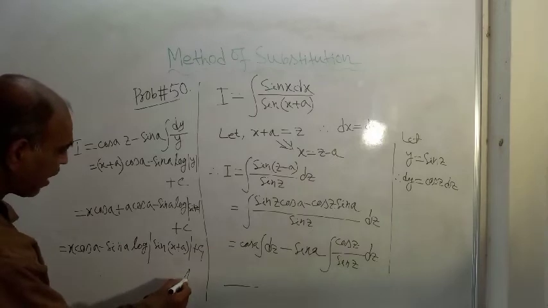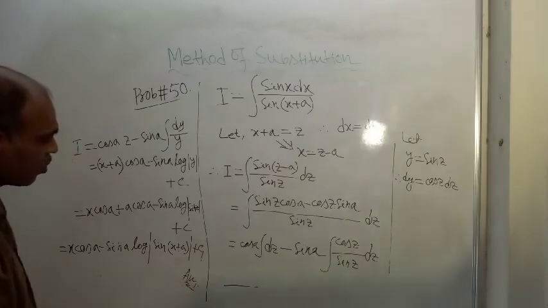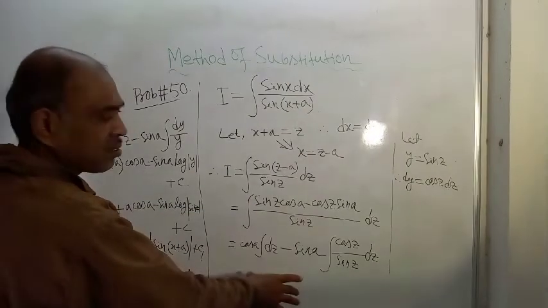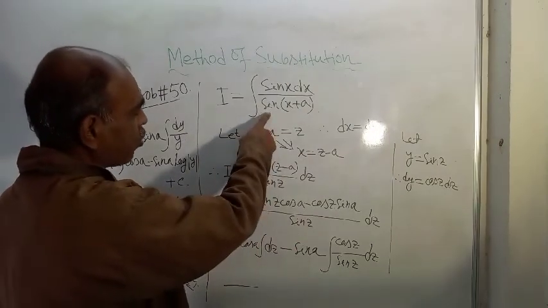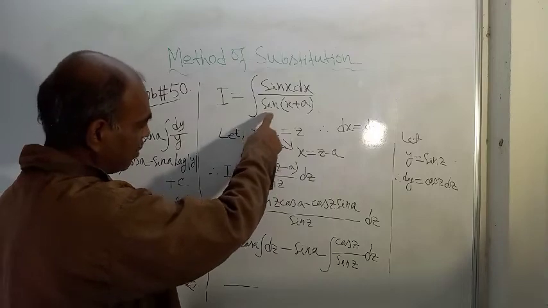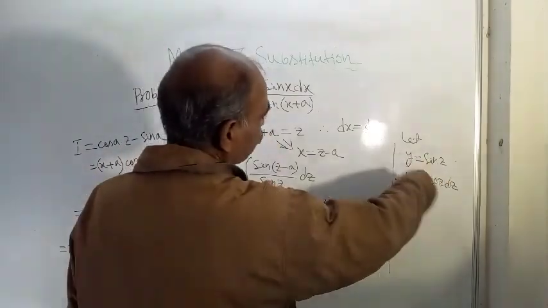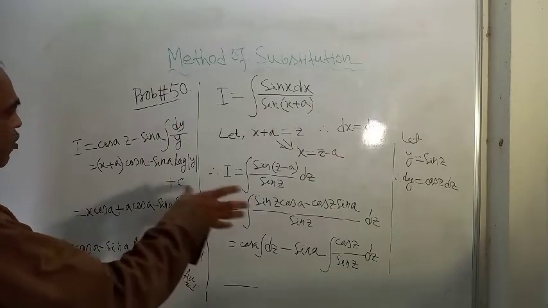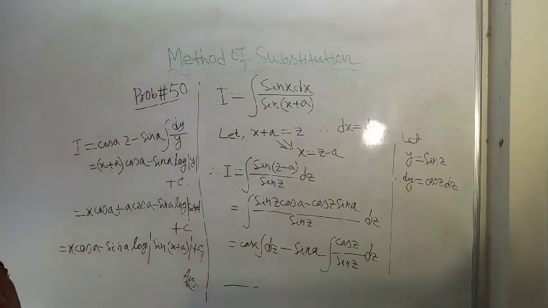So this is the answer to the given problem. First, in this column, the starting point is here. This is the given problem. Then we have assumed this one. Then I have written the same thing here. The next part I have written here. You follow this way.